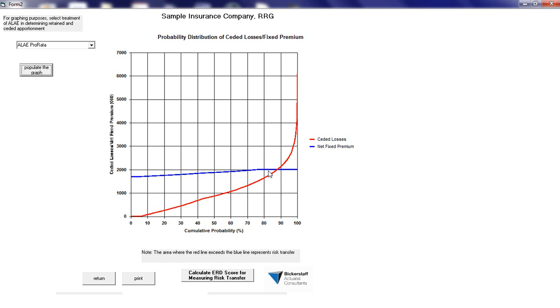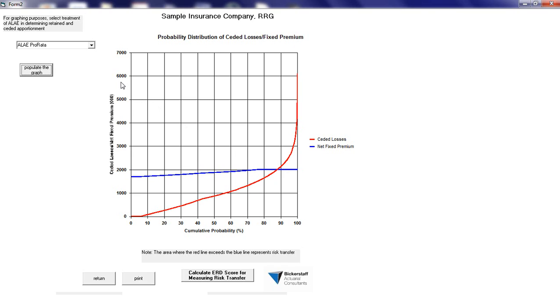I say net, it started out as 40% of the gross premium, in this case $2 million, but at this point here, when the losses are $1.5 million or less, which would mean the loss ratio is less than 75%, then the ceding carrier, the proposed captive carrier, would get some credit in their fixed premium, 20% of that savings. So the level of risk transfer, again, is represented in this area above the blue line where the red line exceeds the blue line.